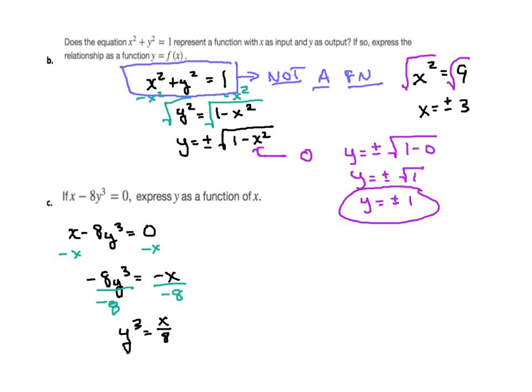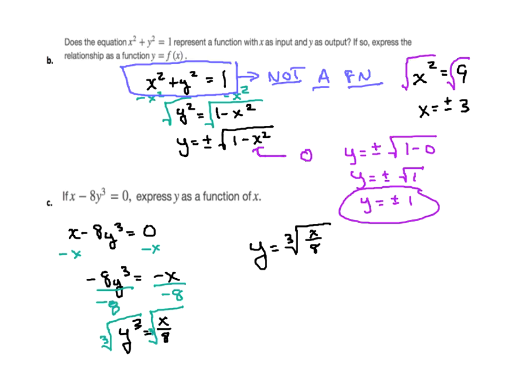Now to undo something that's cubed, I take the cube root of both sides. We don't have the same issue that we have to worry about with square roots as we do with cube roots. So I get y equals the cube root of x over 8.